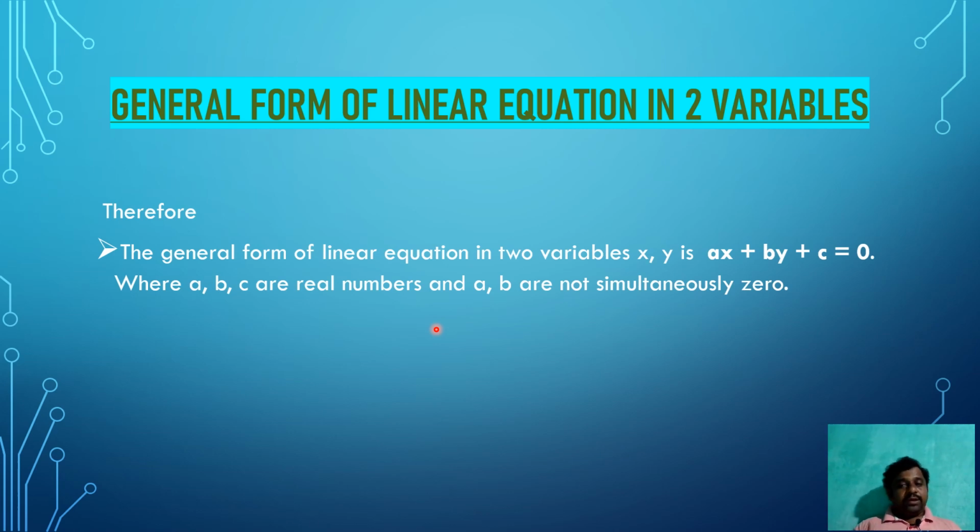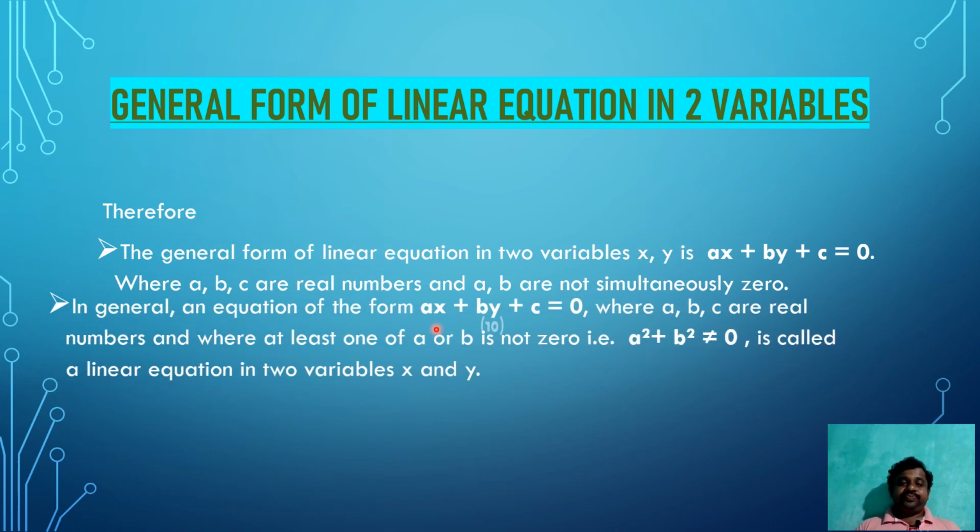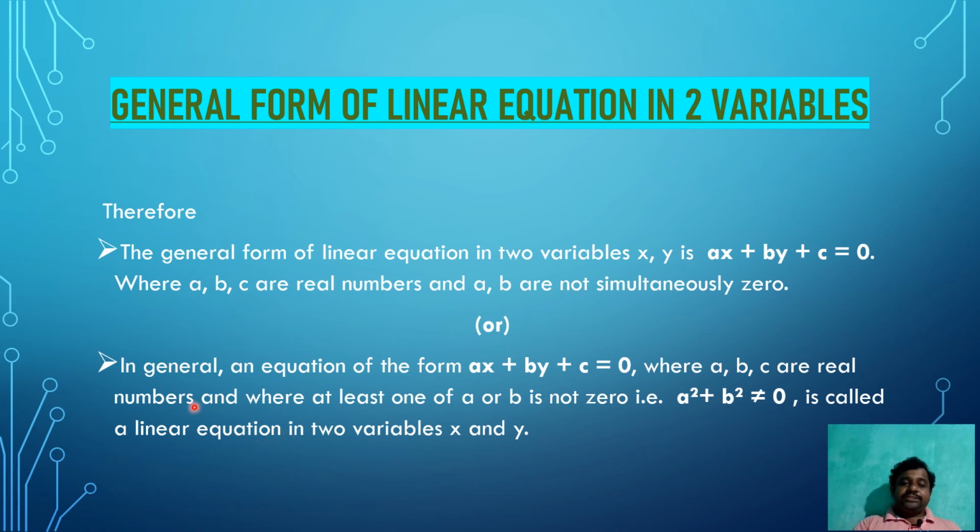Otherwise, we have another definition. In general, an equation of the form ax plus by plus c is equal to 0, where a, b, c are real numbers and where at least one of a or b is not 0.